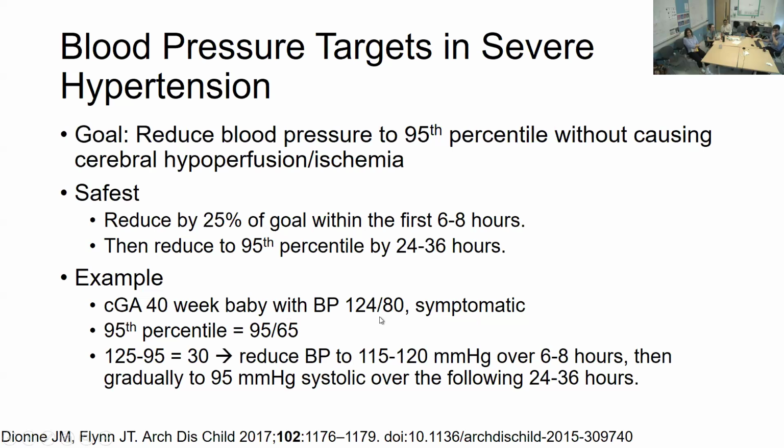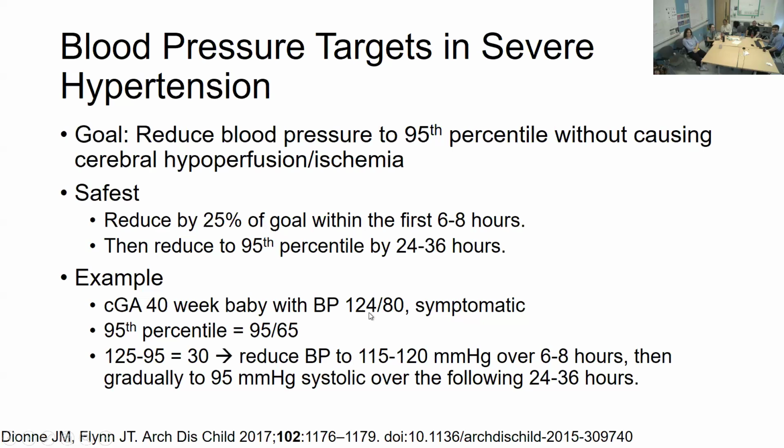So say for a 40-week-old baby who's symptomatic with blood pressure of 124/80, their 95th percentile is 95/65. So you want to eventually get the blood pressure down by 30 millimeters of mercury, and 25% of that is 7, so we'll just say 8.